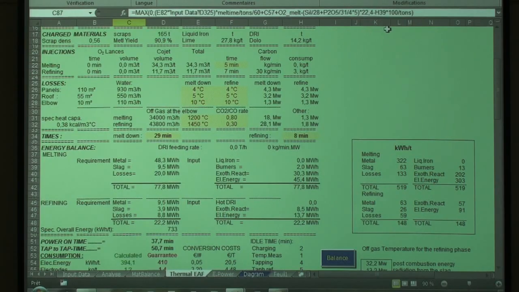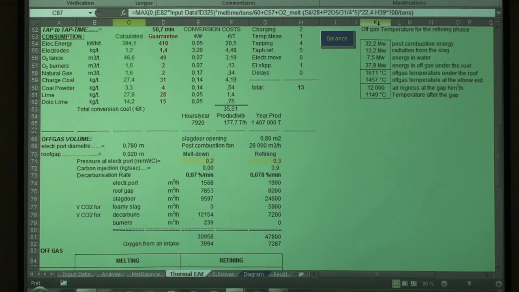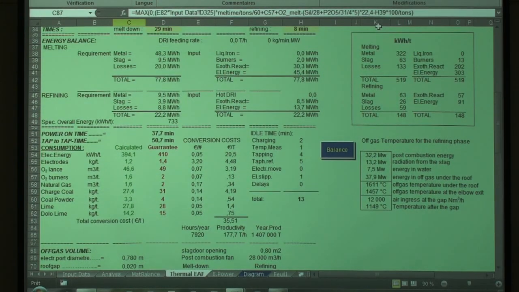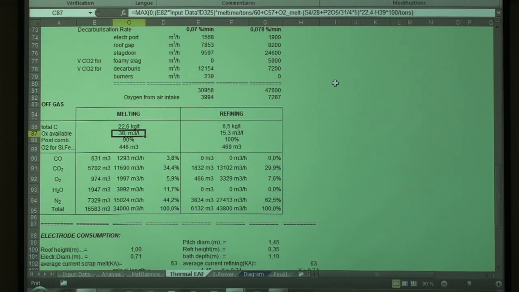And H39, the oxygen will anyway be fixed by the CH4 of the burners. So this oxygen is not available anymore. So now I have the oxygen available.